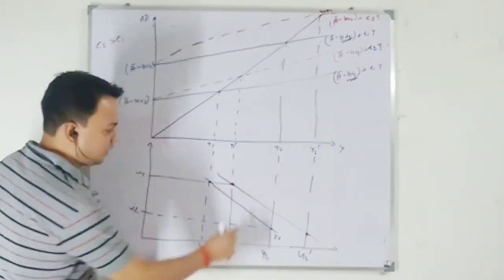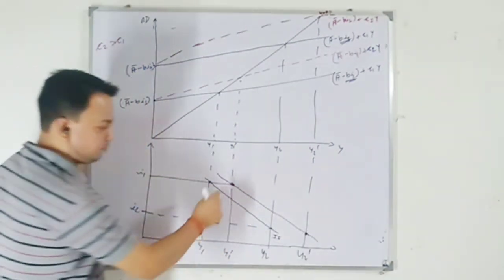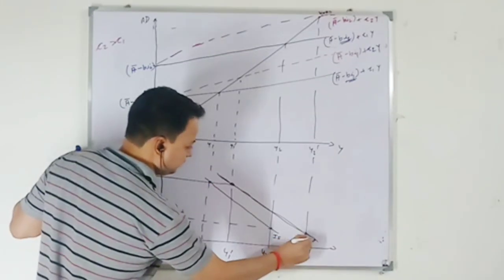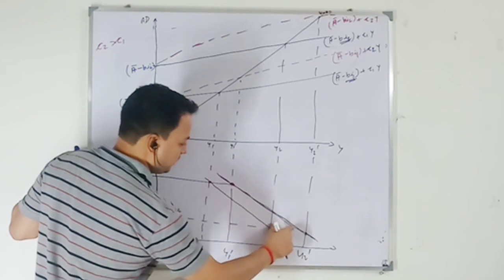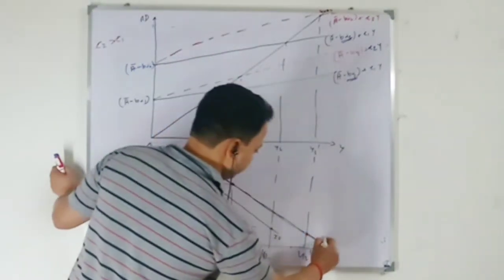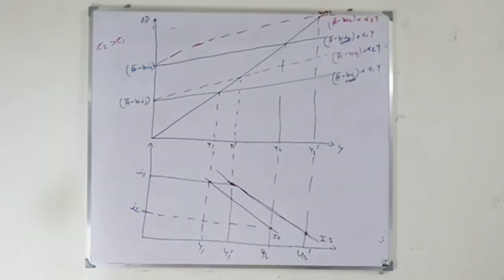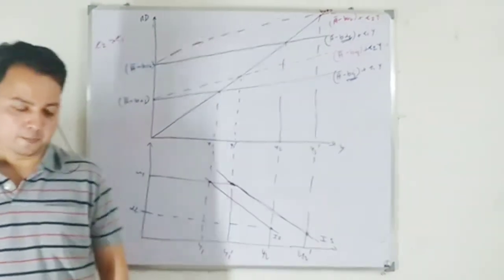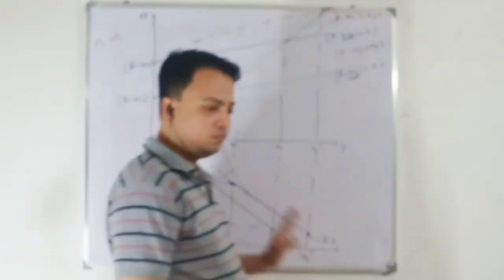So look at this. These two are not parallel. Here you have one point, and it is getting flatter. After this it is getting flatter. This is your IS curve. So this is what we have in the IS schedule, and this is what you have to do for the IS curve.